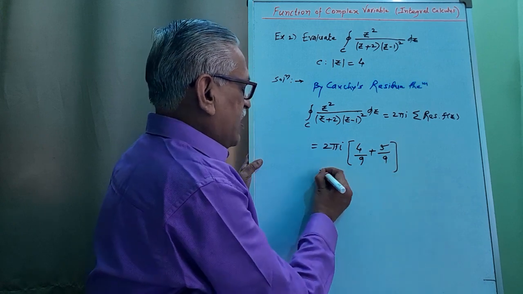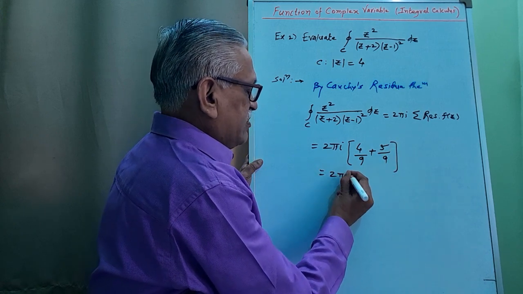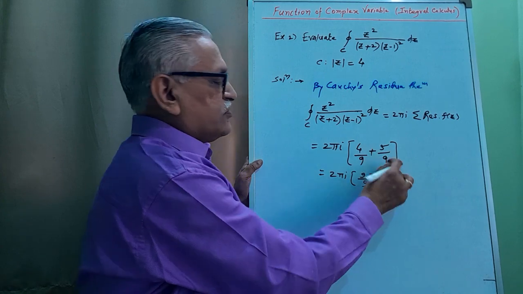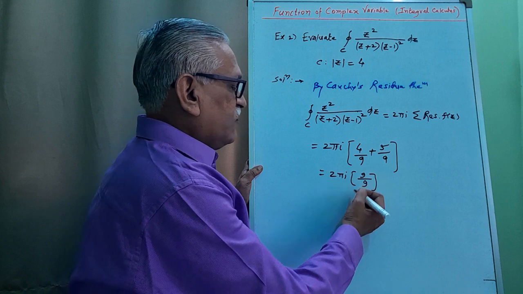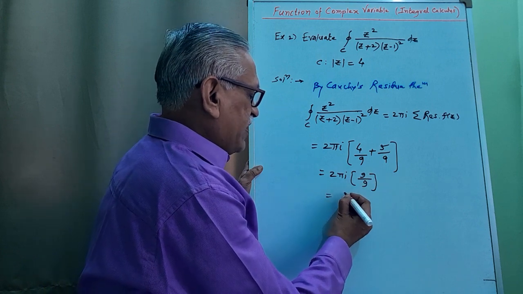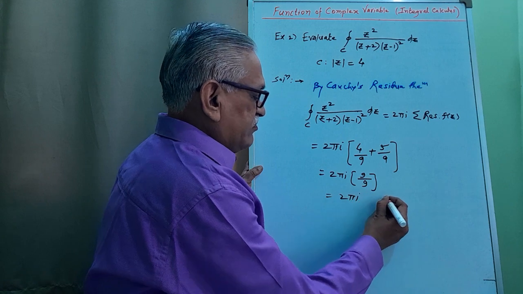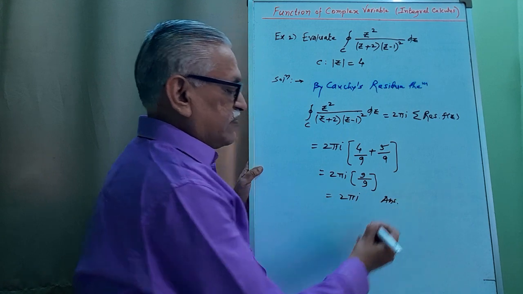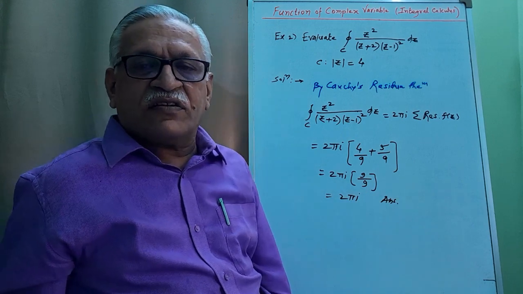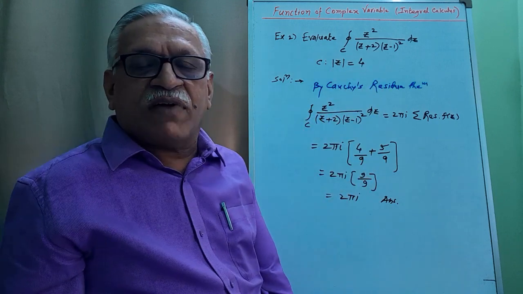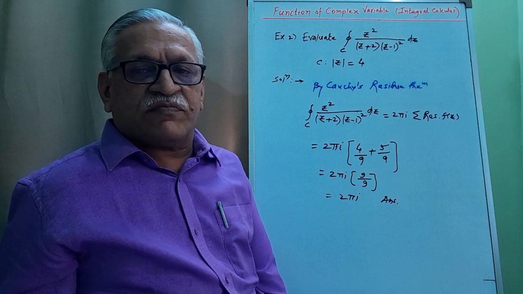We get that value as 2 pi i, 9 by 9, adding this, it is 1, and therefore we get 2 pi i into 1, the value is 2 pi i, as the answer or the value of that contour integral by applying Cauchy's residue theorem.